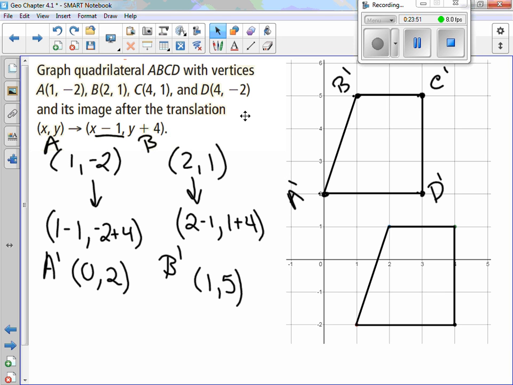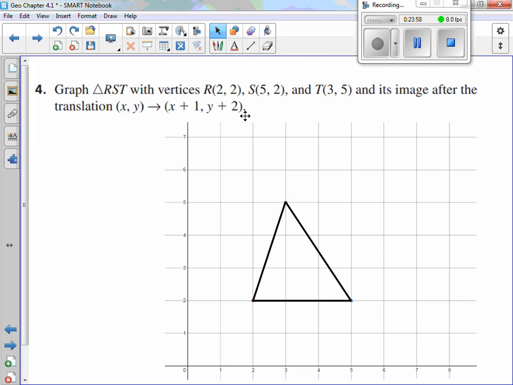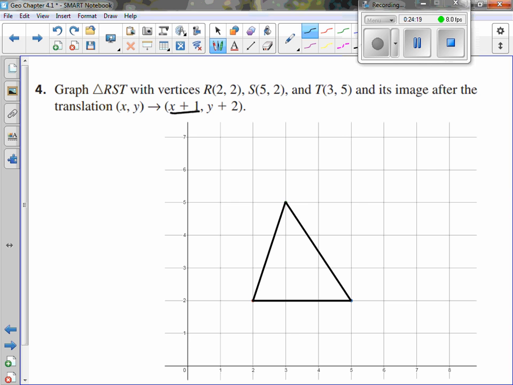Any questions on any of this here? Are we good with this here? Yes? Do we feel comfortable with this here so far? Yes? Okay. I mean, if we wanted to, we could do this with the points, but really what is this moving? The x plus 1 tells me I'm moving right 1.